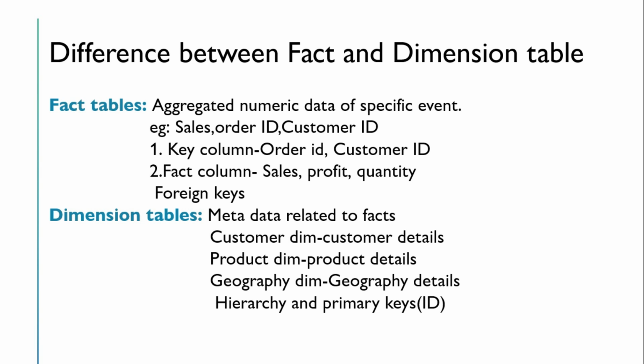And the geographical dimension contains geographical details like country, city, area, and so on. So the dimension table contains descriptive data like customer details, product details, or geographical details, and it has hierarchy data like country, states, city, area, etc. So this is the difference between the fact and dimension tables.